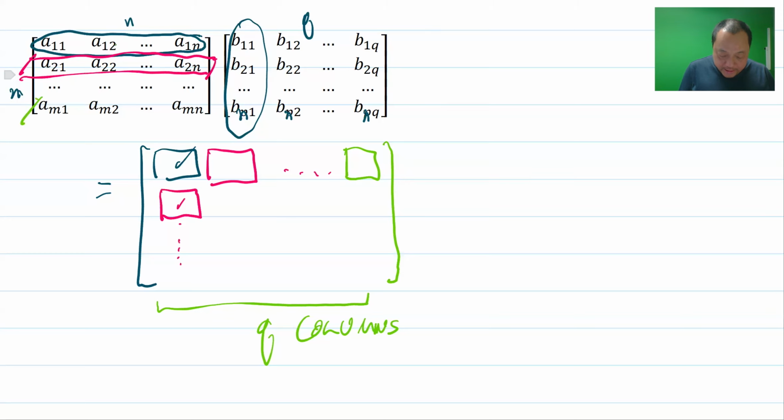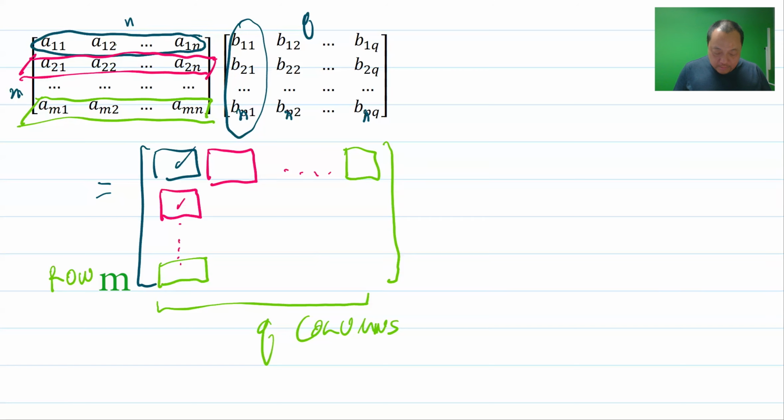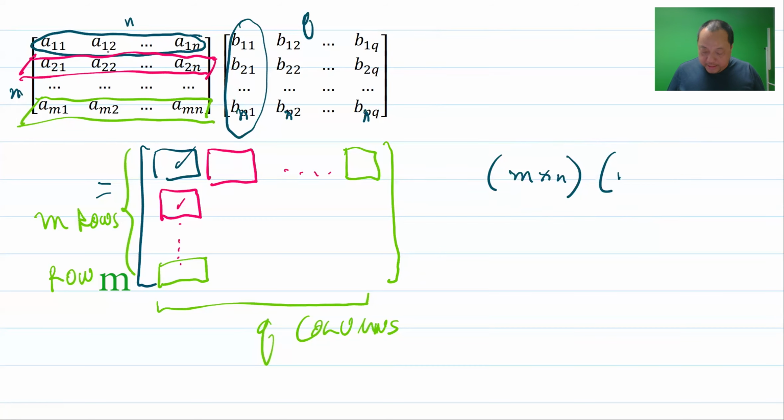The end is when I get to the last row of A and I multiply it by the first column of B. So the end is here, and it's the last row of A, and that is row M. Therefore, all along here I have M rows. I take an M by N matrix, and I multiply by an N by Q matrix, and then end up with an M by Q matrix.